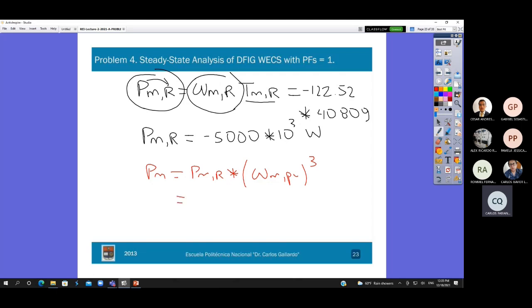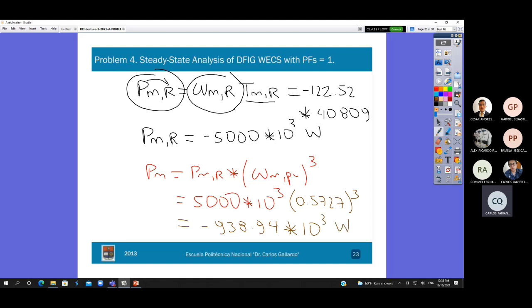Therefore the new mechanical power is 5,000 times 10 to the power of 3 times the per unit speed ratio 0.5727 cubed. Therefore the new mechanical power is 938.94 times 10 cubed watts.